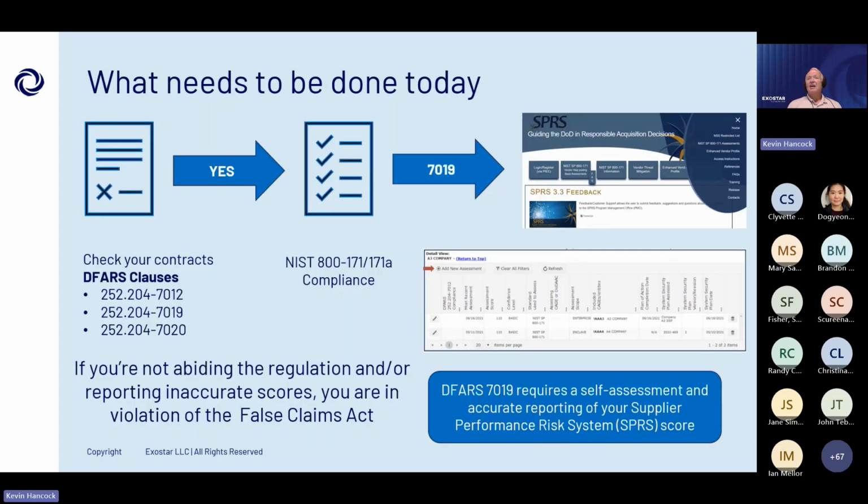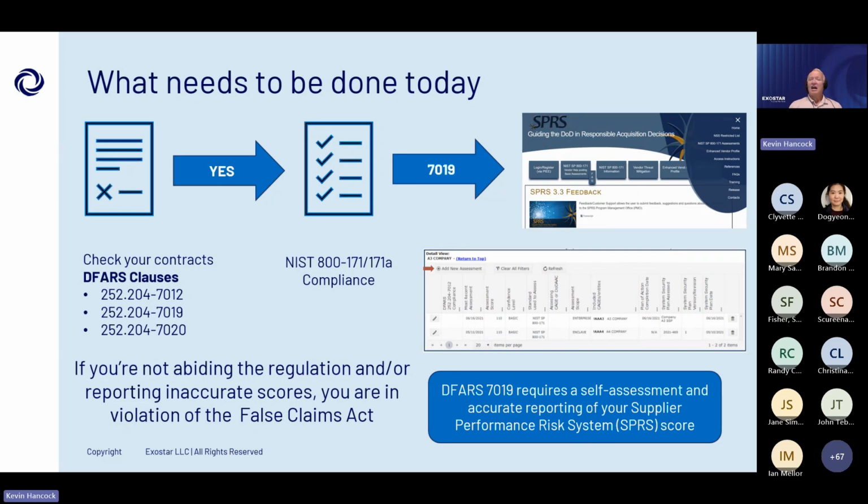Now, regardless of CMMC, there are things you have to do today to be in compliance with current DoD contracts. So take a look at those contracts, understand what you have to do today, and if you've got those 7012 or 7019 clauses, those things have specific requirements. 7012 requires that you protect controlled unclassified information in accordance with NIST 800-171.